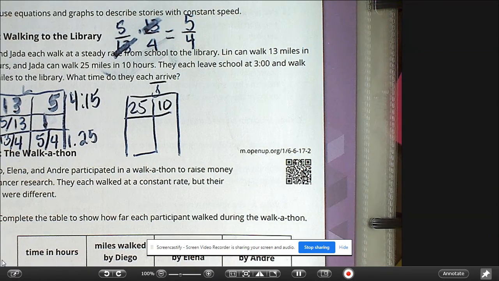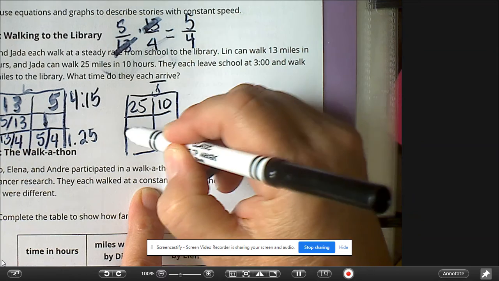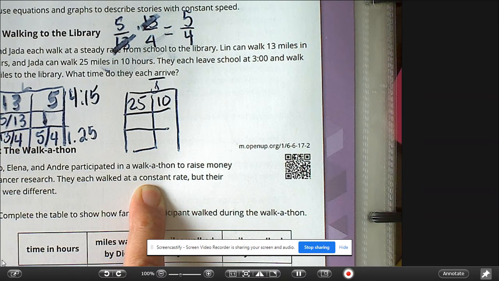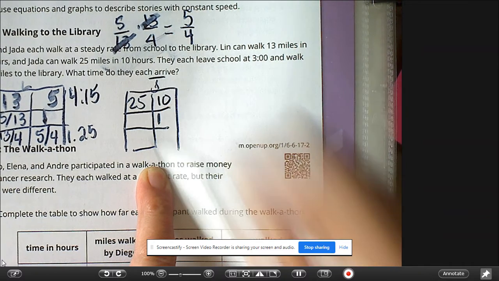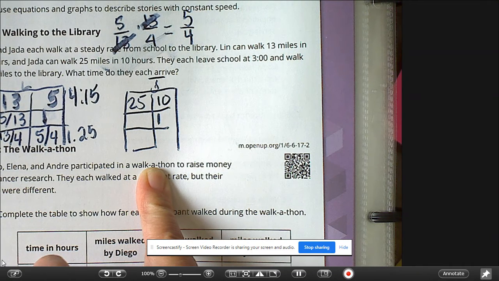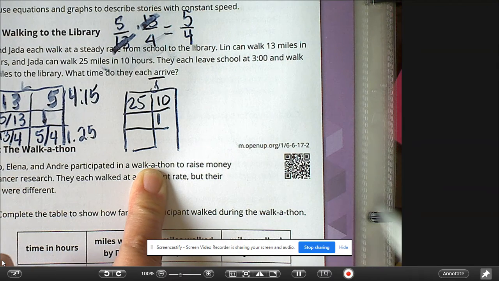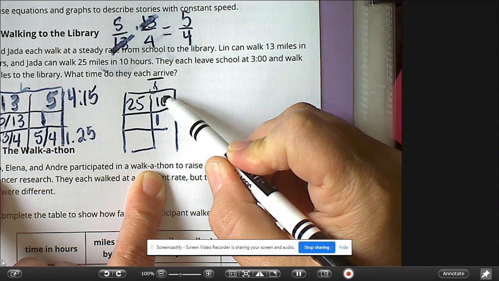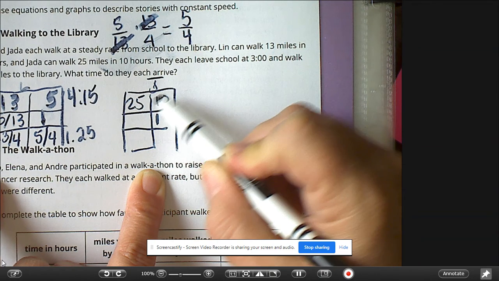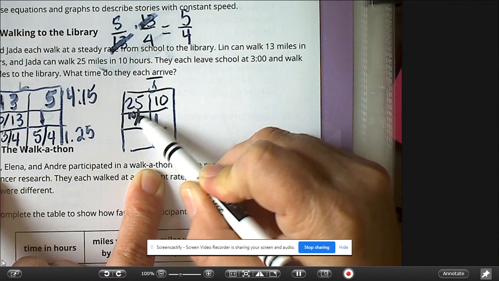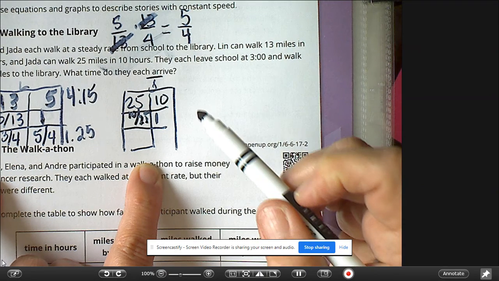And if Jada walks 25 miles in 10 hours, then in 1 hour you're going to get 25/10. Or you're dividing it by 10, so you're going to get 10/25 of an hour.